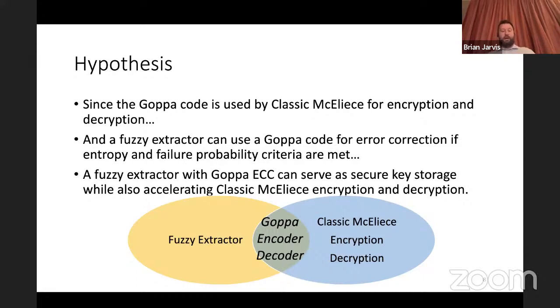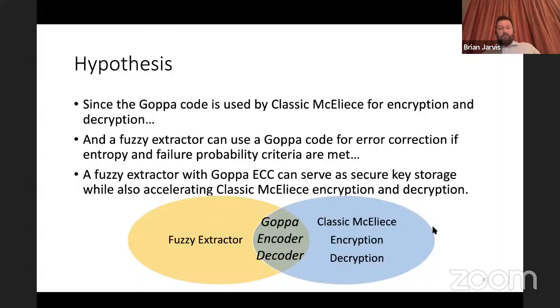So we can combine these two so that you have the fuzzy extractor for secure key storage, and you're also able to reuse the components of that fuzzy extractor for the classic McEliece encryption and decryption. And those common components are the Goppa encoder and decoder.